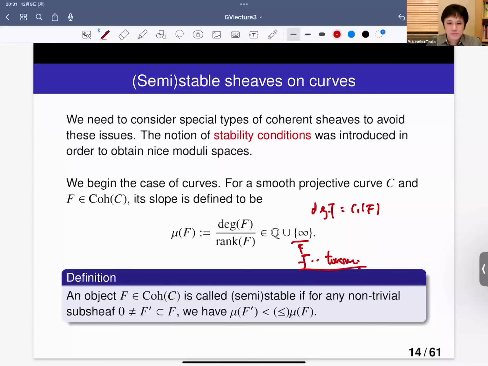For example, in the case of C equal P1, every vector bundle decomposes into the direct sum of O_P1(a). And from this definition, every semistable sheaf on P1 is just a direct sum of line bundles of the same degree.